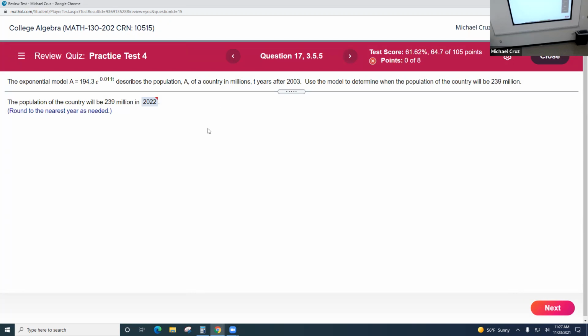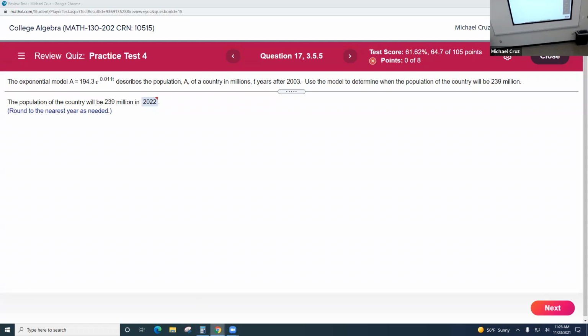All right, exponential model A is equal to 194.3 e to the 0.011 t, describes the population A of a country in millions t years after 2003. Use the model to determine when the population will be 239 million.